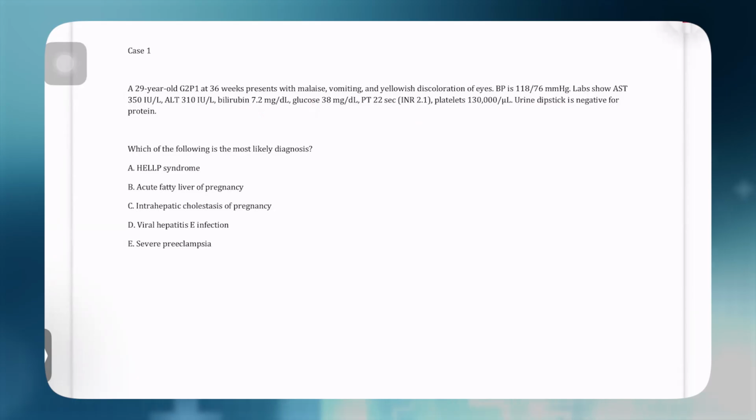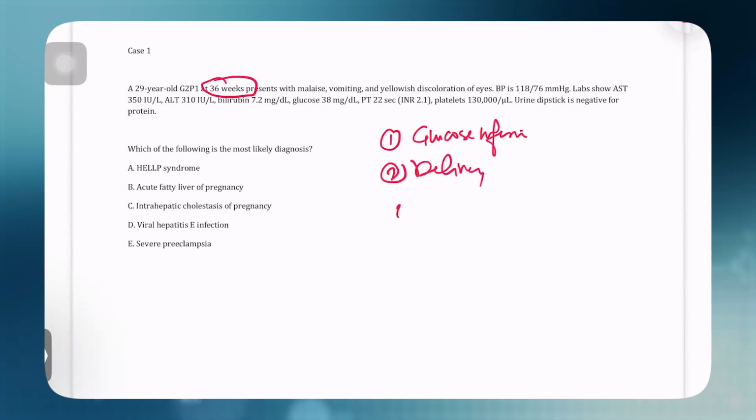So, how will you proceed? She is 36 weeks. You will go for glucose infusion, delivery of the fetus, and correcting coagulopathy. The plan should be very clear that glucose infusion plus delivery have to be done together, along with intensive care.